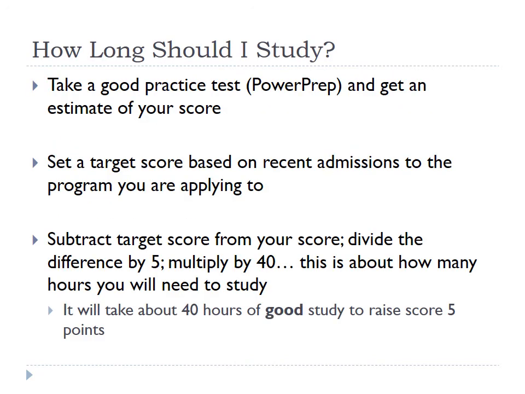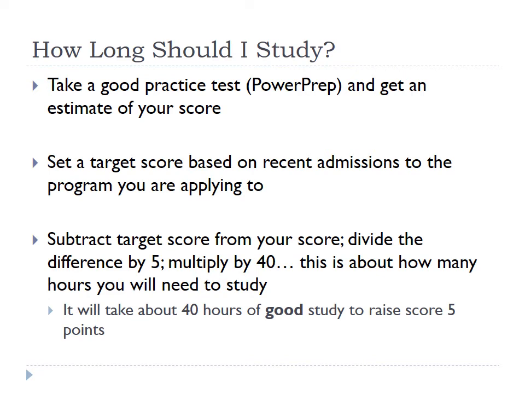How long should you study? First thing you're going to do is what's been assigned to all of you, which is to take a good practice test. The Power Prep software is put out by the test makers as actual test questions, and is going to be the best estimate of your score. So you're going to take that. That's going to be your initial estimate of your score.